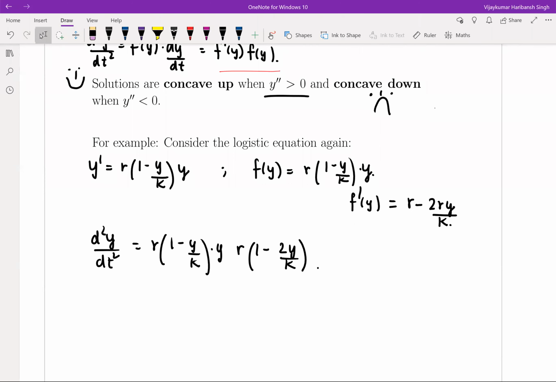Now, first we need to determine the intervals of concave up and concave down. We need to see where this second derivative becomes 0 or does not exist. It's a polynomial, so it will always exist.